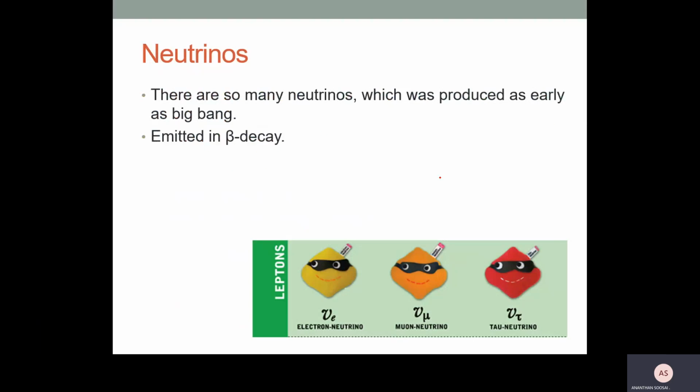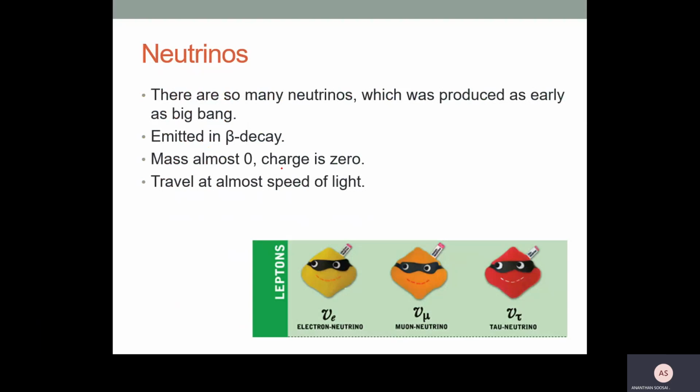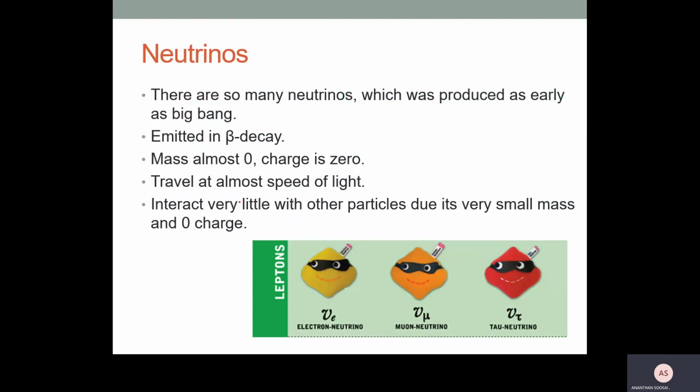Charge is 0 and mass is almost 0. They travel at almost the speed of light. Recent studies say it exceeds the speed of light, still researching. They interact very little with other particles due to very small mass and no charge, never really interacting with anything. That's why it's difficult to find neutrinos.